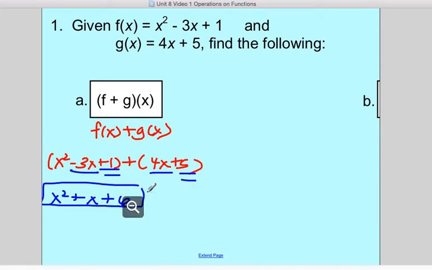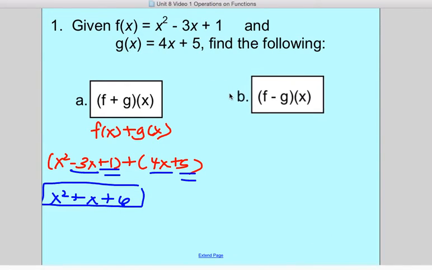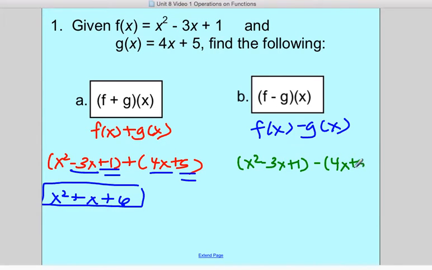B. Now we're going to do subtraction. So we are really just taking f of x minus g of x. This one we're going to have to distribute a negative. So I have my f of x, which is x squared minus 3x plus 1, minus the g of x, 4x plus 5.